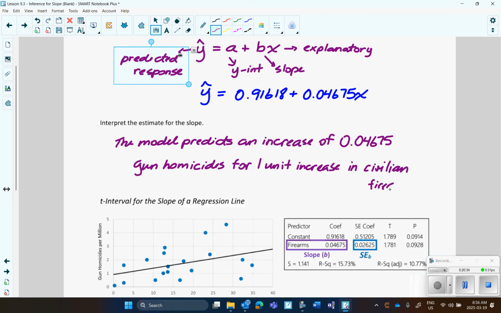This is just reviewing what we did in Unit 3.